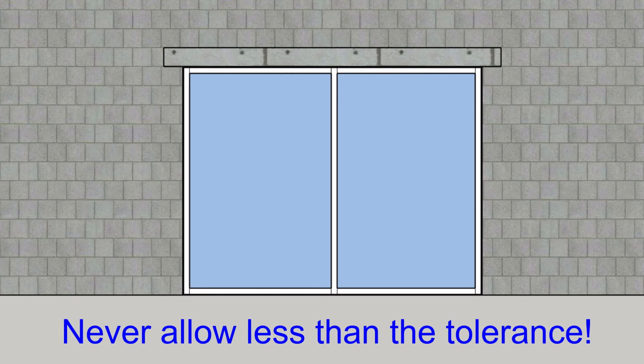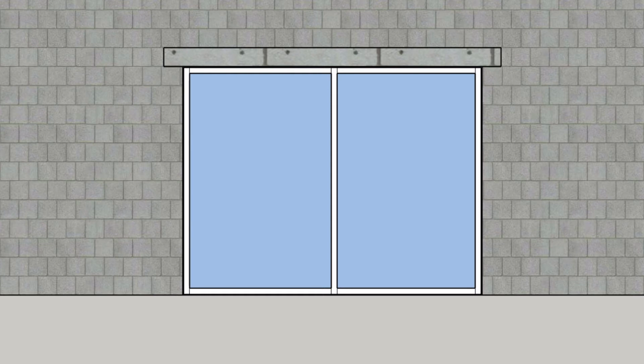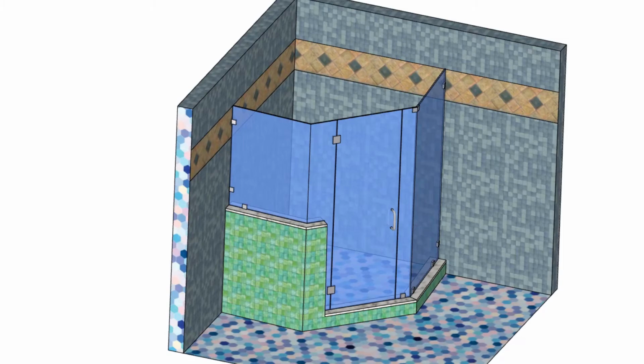And in the case of the storefront, we're deducting enough space so that we don't really have to worry about the masonry interfering with the placement of a window in the opening. On the other hand, frameless showers provide an example where the tolerance is equal to the allowance.